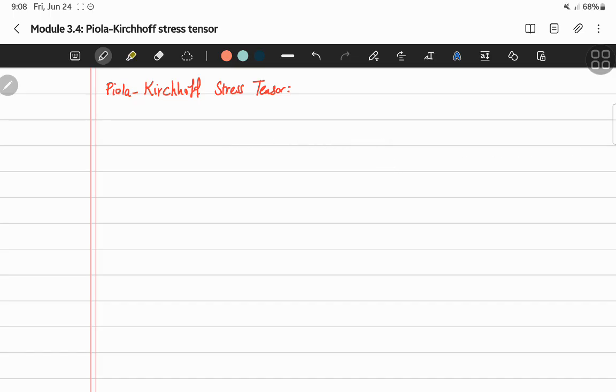So as I already mentioned, we need to develop different Piola-Kirchhoff stress tensors, like different deformation tensors, as we would like to, for example, find or calculate the work, or later the power in a system. So basically, from classical mechanics, you know that work is the product of force and the displacement.